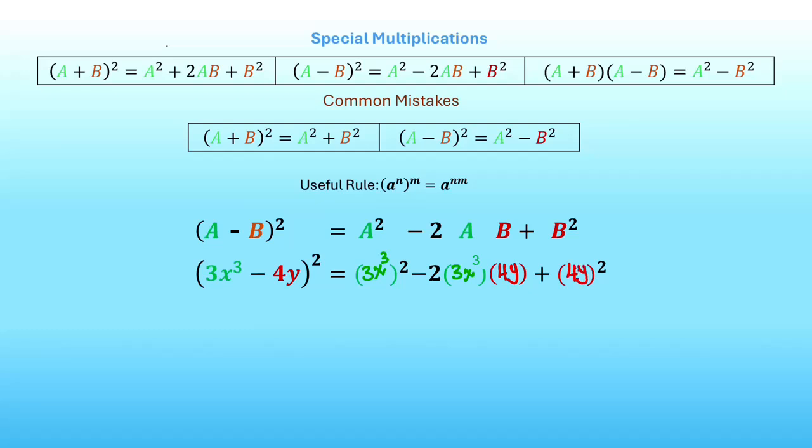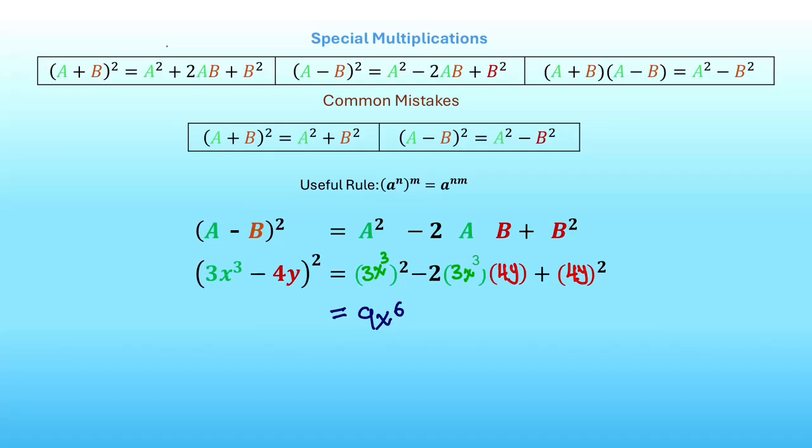And then we can do the multiplication. Notice that for the first term, we have the square of an exponential. We can use the rule displayed on the screen. The square of 3x cubed is 9x to the 6. We are basically, again, multiplying the exponents. We are squaring 3. And here we have 2 times 3 times 4.